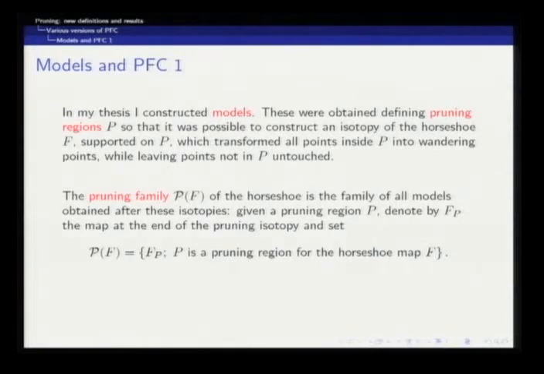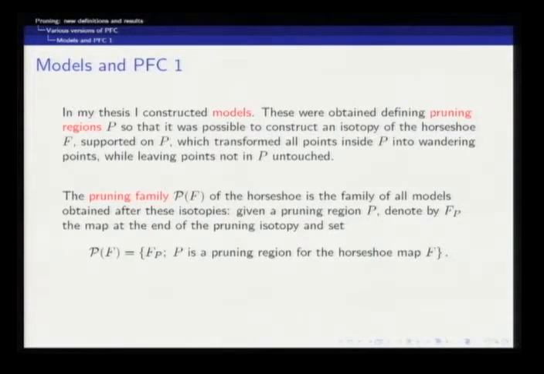So the pruning family is made up of all the maps obtained from the horseshoe, which I'm calling F, by these pruning isotopies. The pruning family, P of F, is the set of all such maps.